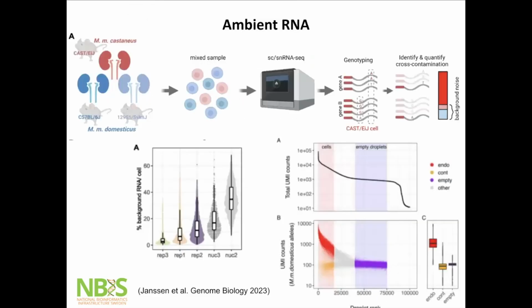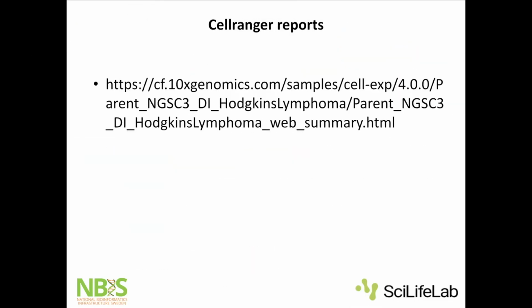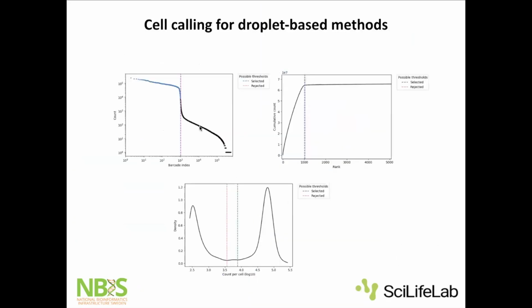It calculates the background, and then checks for significant deviance from the background signal instead of just cutting on number of UMIs. So it can actually end up that you have some cells down here that are not a lot of background, and you might have some up here that are mainly just background genes that will not be called cells.